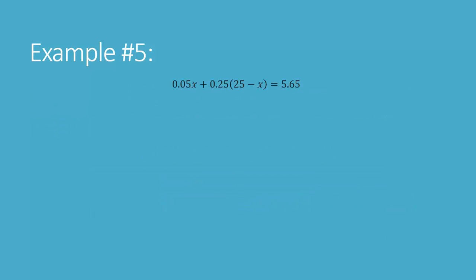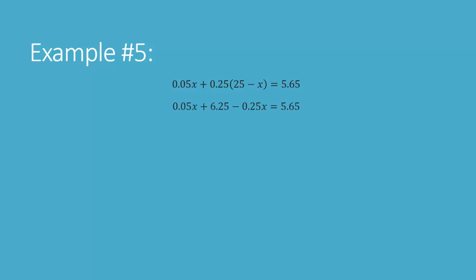So we just take that last row and column and add it: 0.05x plus 0.25 times 25 minus x equals $5.65. So now we've got our simple linear equation in one variable. Now we just go through our steps again and we solve it.